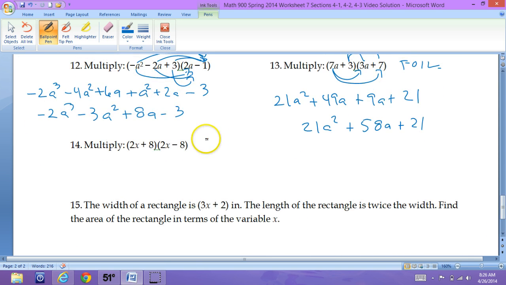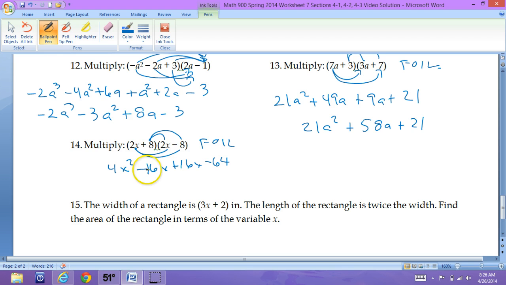So again, we're going to do the same thing. Now, in chapter 5, you're going to take something that looks like this and magically make it look like this. 2x plus 8, 2x minus 8. So that's 4x squared minus 16x plus 16x minus 64.